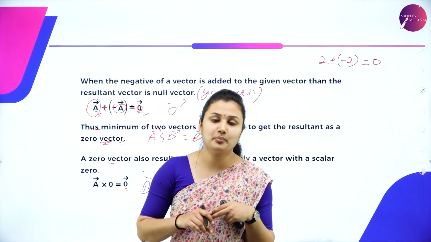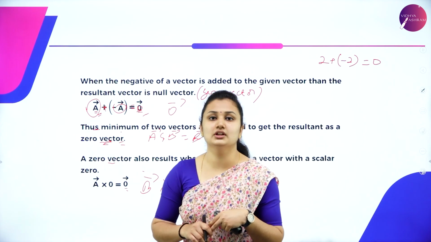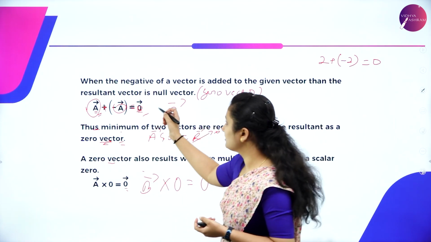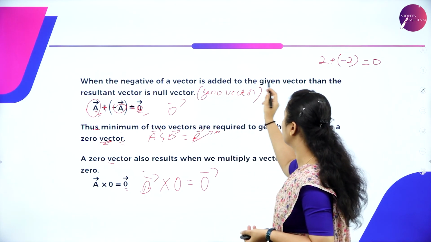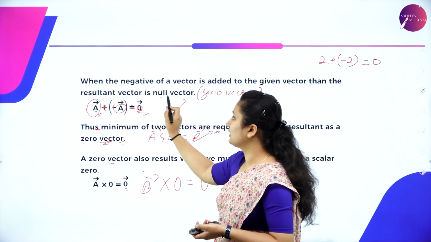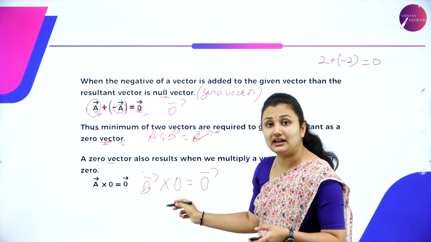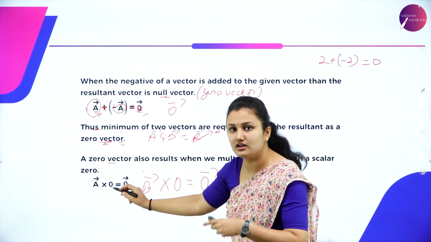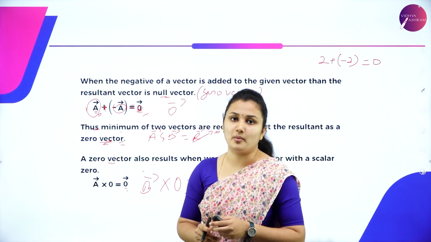Then we studied the properties of vector addition: it is commutative, it is associative, and when a negative vector is added to a given vector, the resultant is a null vector. We can also get a null vector by multiplying a given vector with the scalar 0.